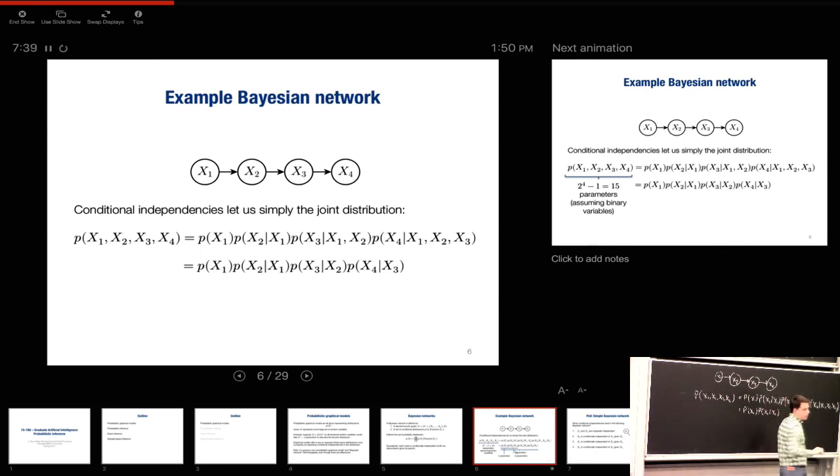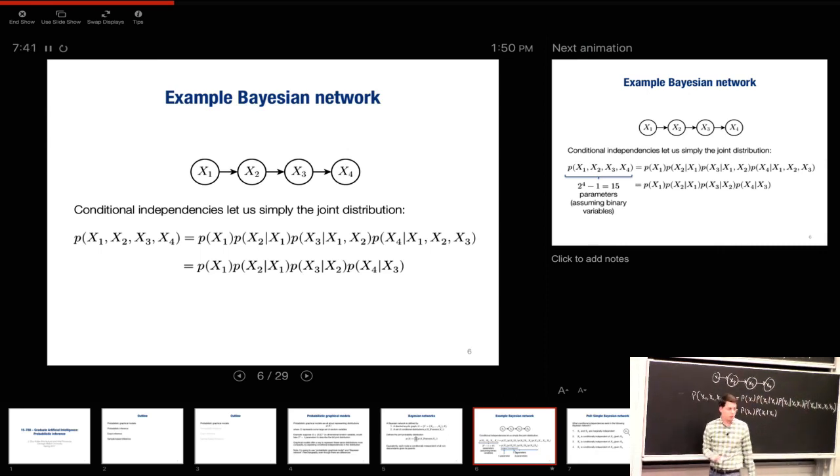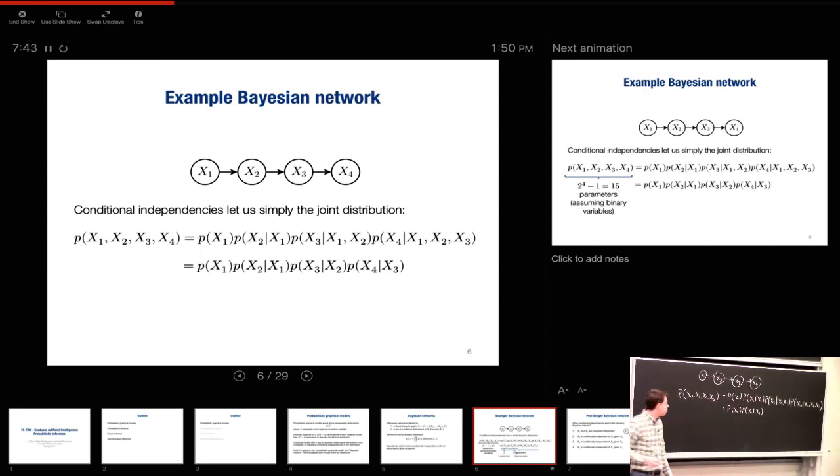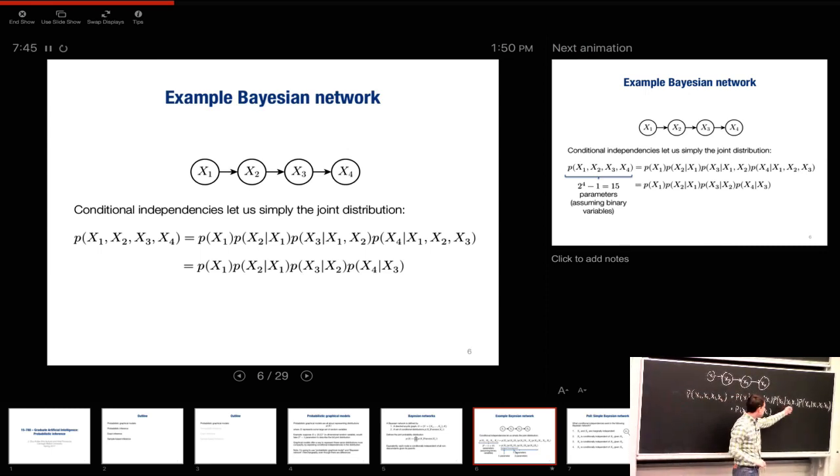But in this one, we now have some conditional independence properties we can exploit, because we know that x3 is independent of x1 given x2. All that matters when deciding what x3 is going to be is its parents, and it's independent of everything else given its parents. So this term simplifies to p of x3 given x2, and this term simplifies to p of x4 given x3.